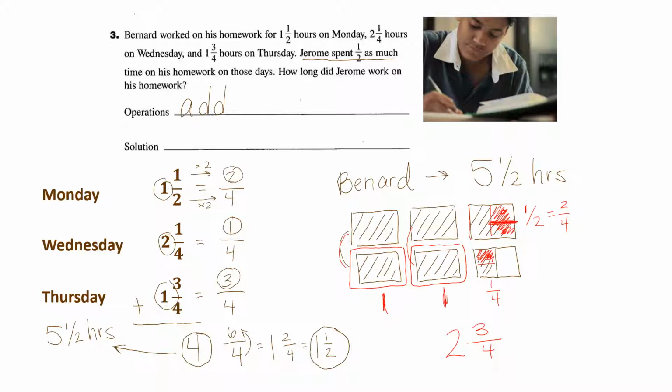Jerome with a J spent 2 3/4 hours on his homework. So that's our answer, 2 3/4. Now what did we do here? We actually divided by 2.